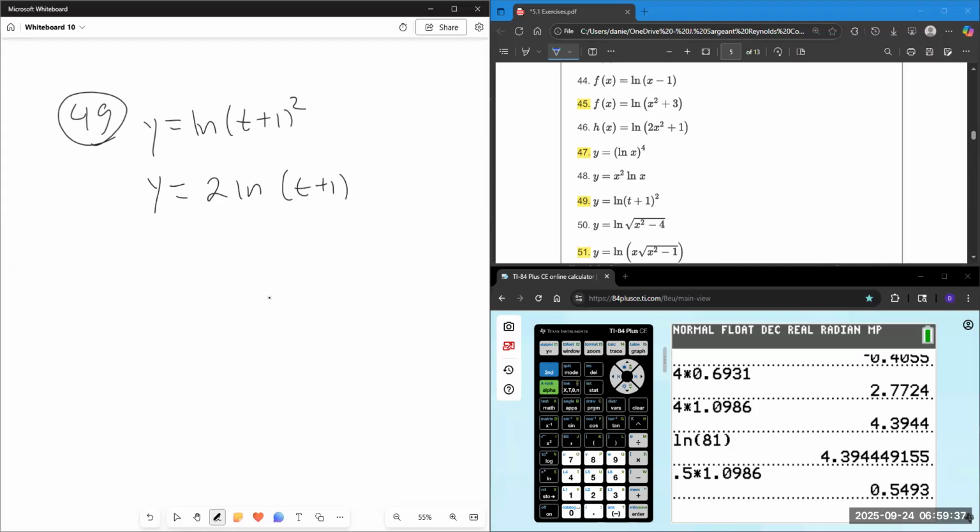So my u here is t plus 1. My u prime is just 1. So y prime is 2 times 1 over u times u prime. So y prime is 2 over t plus 1.